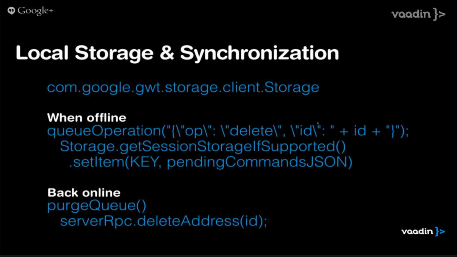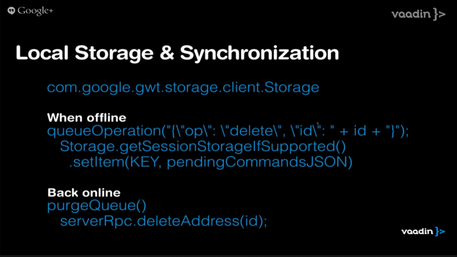Yeah, it doesn't look very pretty when you look at it this way, but the basic problem, of course, is that you are offline and the user does something and there is data that should go to the server at some point, so you need to store this data in the browser until you are online again and have the connection.